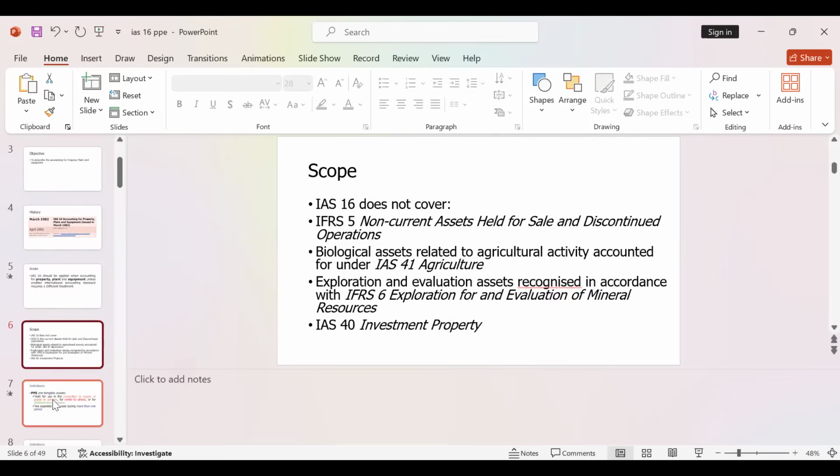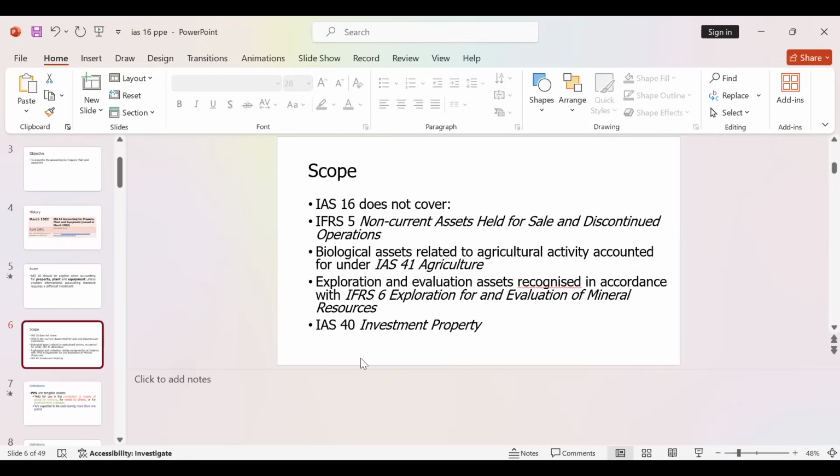Okay. So what are those that are exempted? Those that are exempted, fortunately for you, the standard has outlined all of them for you. So IAS 16 does not cover IFRS 5 on non-current assets held for sale and discontinued operations. So if you have any non-current assets held for sale and discontinued operations, don't treat them with IAS 16 guidelines. On the contrary, IFRS 5.